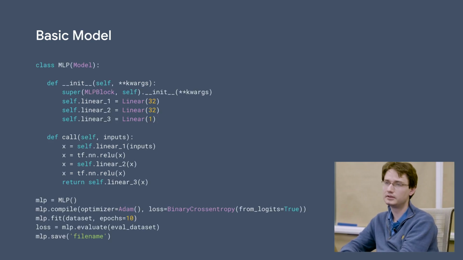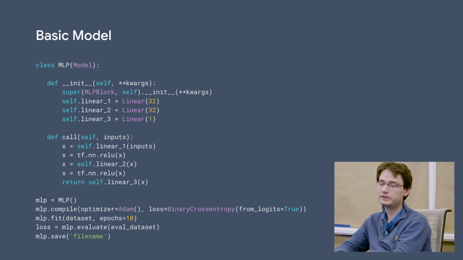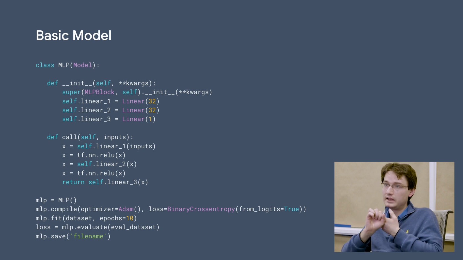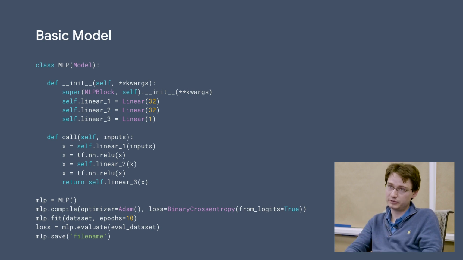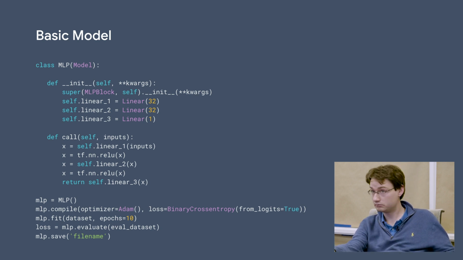So this doesn't actually define build? You don't need to, because build would only be to create variables for this model that need to know about the shape of the inputs. If you don't need to know about the shape of the inputs, you can just create them in the constructor.